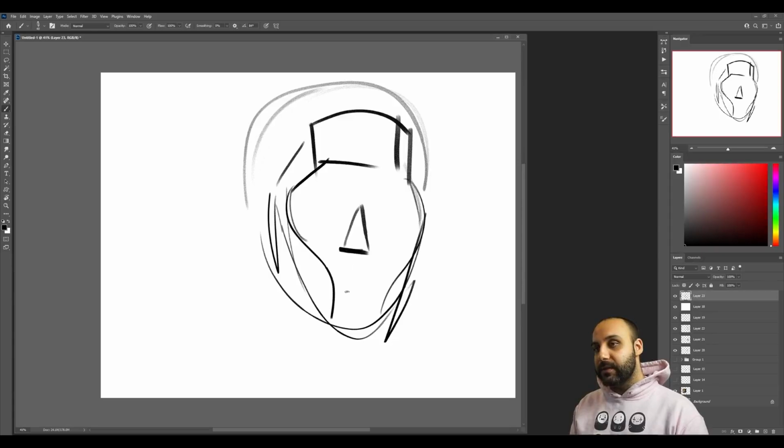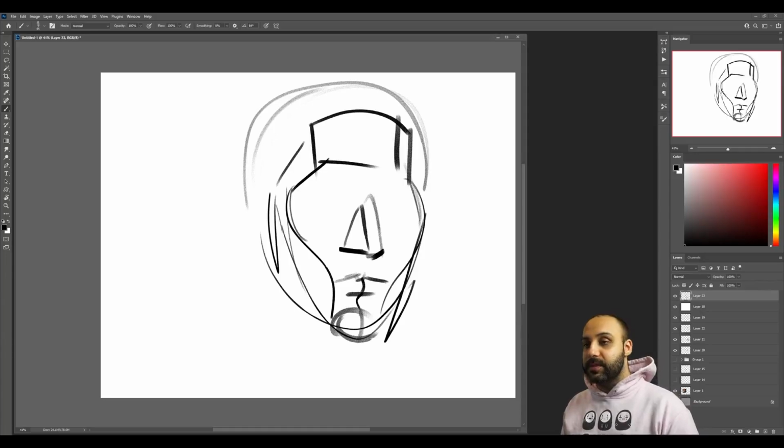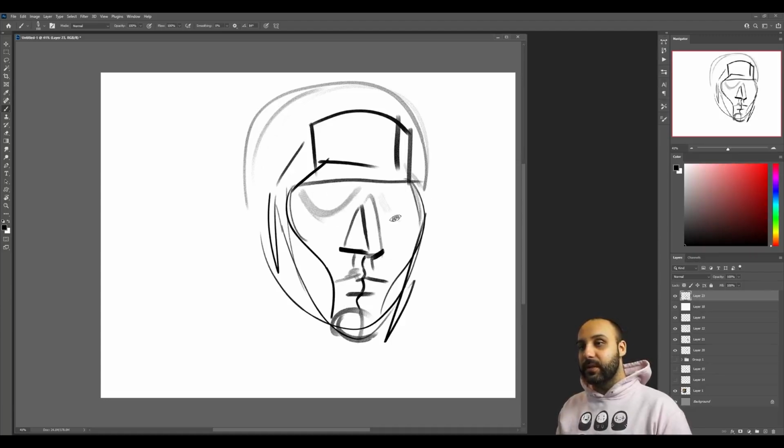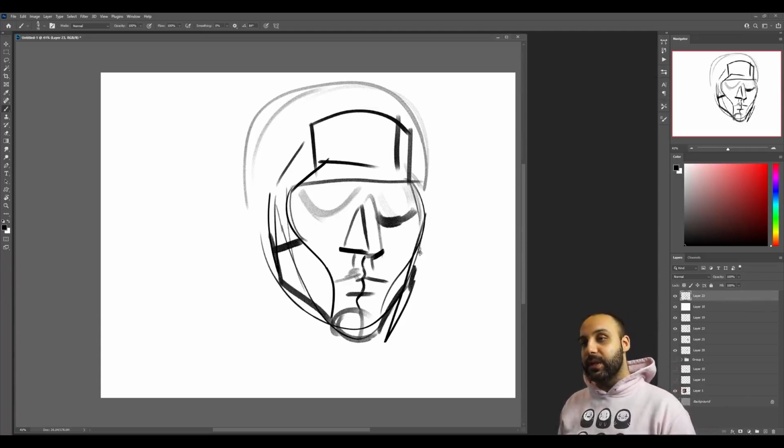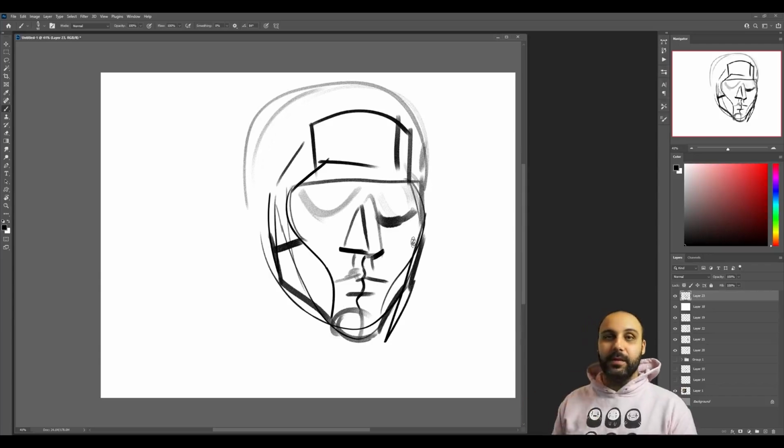And then there's going to be the cheese wedge shape for the nose, then the mouth, sphere for the chin, negative space here for the upper part of the chin, lips, the double barrel shotgun thing there, brow ridge, eye socket.